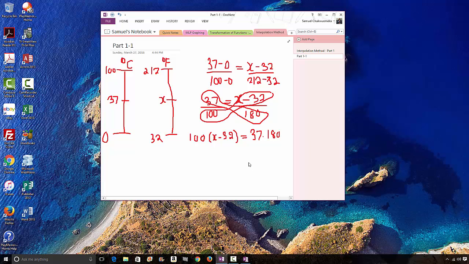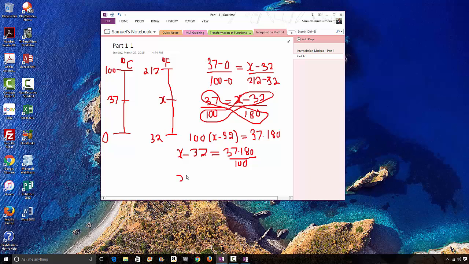This is x. So you divide both sides by 100. We have that x minus 32 will give us 37 times 180 divided by 100. Okay?